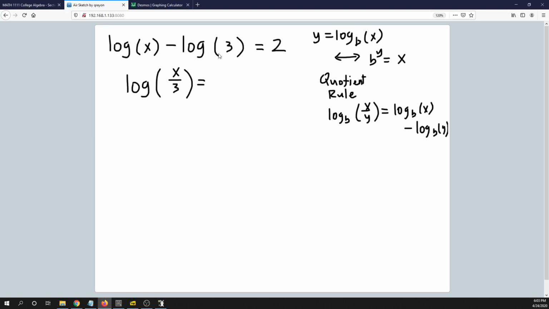In a previous video we talked about those three rules, so that's the rule that we're using. We have the log base b of something minus the log base b of something else. That's what we had here, and so we are rewriting that as a fraction, okay?